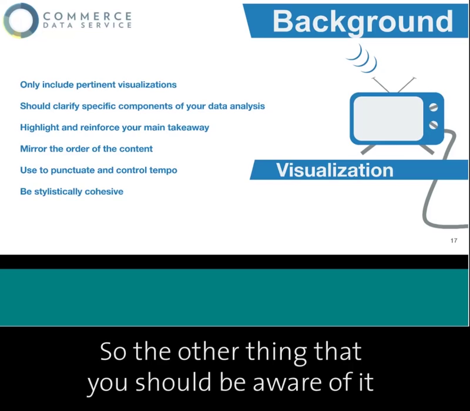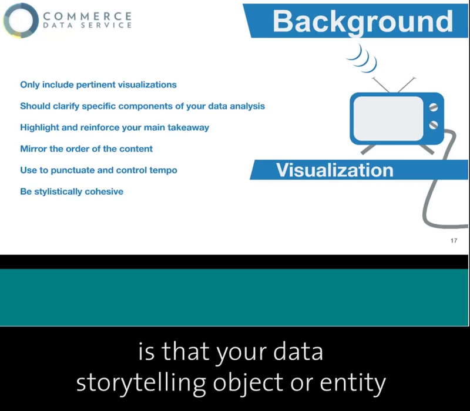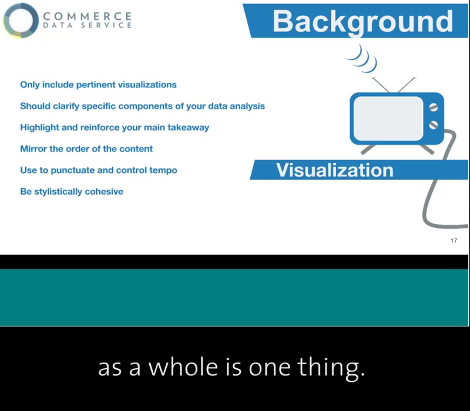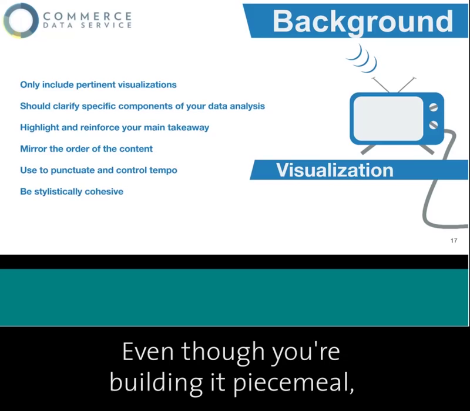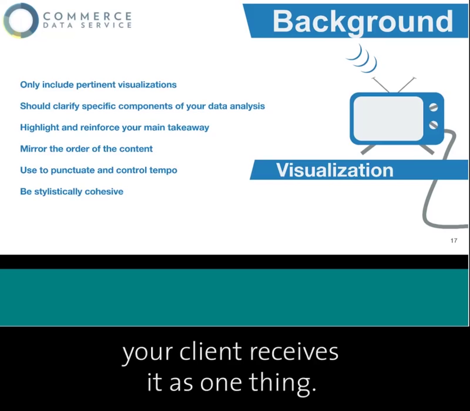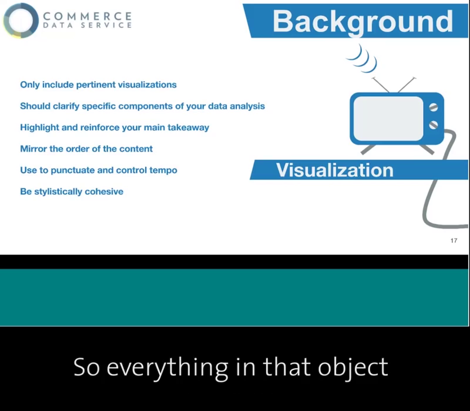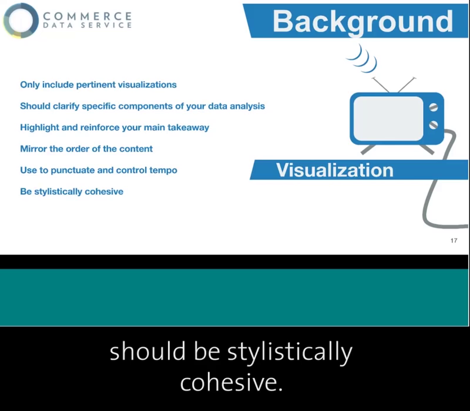So the other thing that you should be aware of is that your data storytelling object or entity as a whole is one thing. Even though you're building it piecemeal, your client receives it as one thing. So everything in that object should be stylistically cohesive.